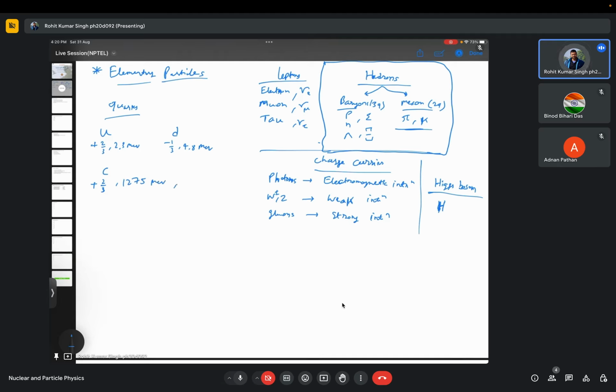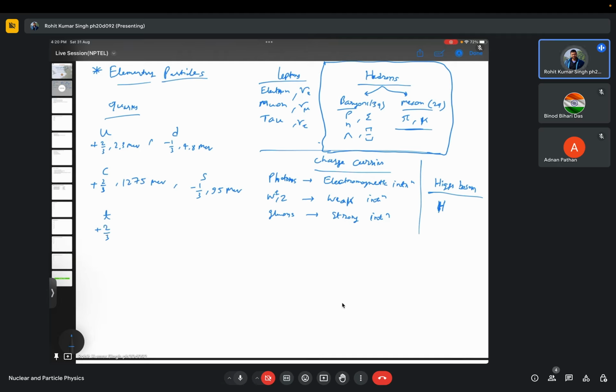These masses are not really accurate. We cannot say we are 100% sure that the mass is what we are writing. These are experimentally observed, and the standard model also gives these masses, but there is some uncertainty. Just to keep in mind.